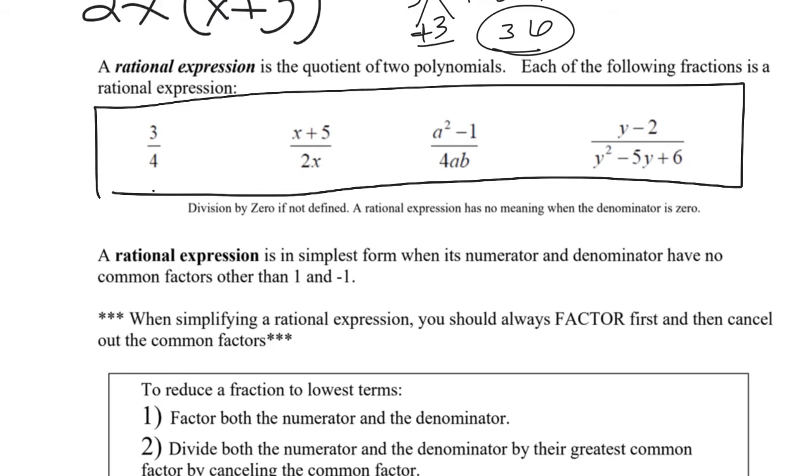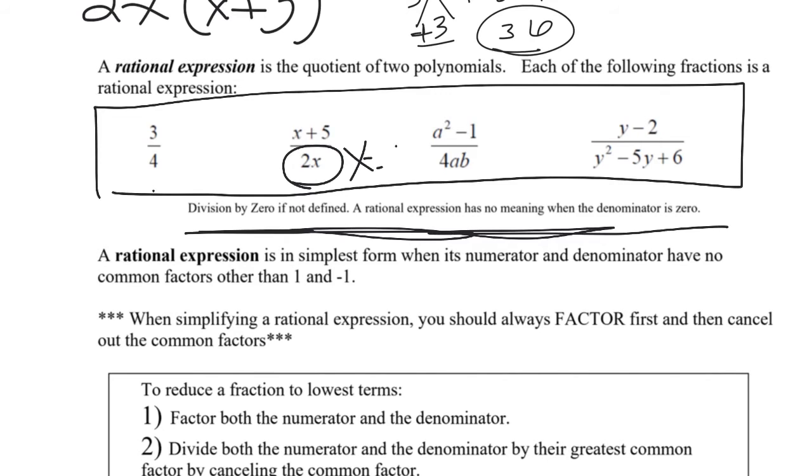Remember the fraction bar is the same as the division bar. Do not forget this. Division by 0 is not defined, so a rational expression has no meaning when the denominator is 0. For this one, if x equals 0, then you can't have that, right?